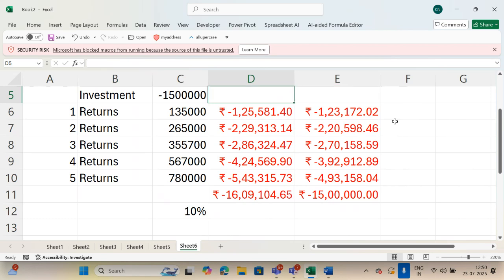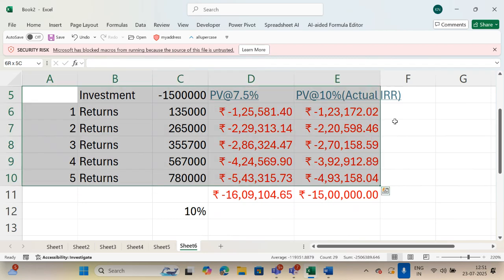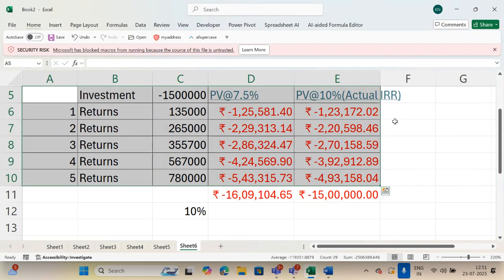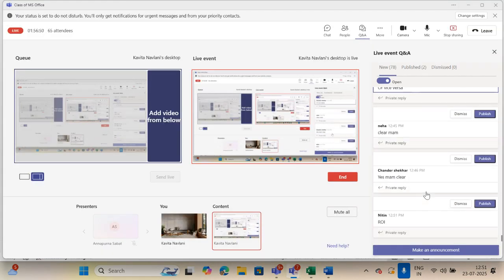Is it clear, please? Is it clear? ROI, return on investment.